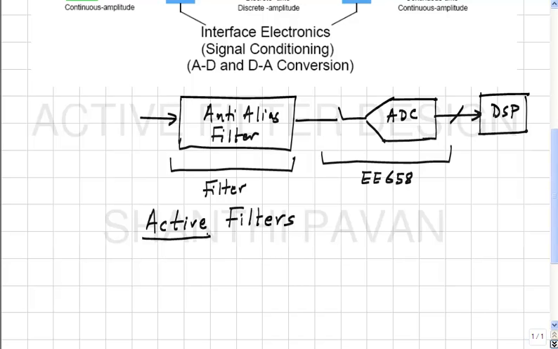Now, the reason why active filters are studied rather than passive filters, which itself is a vast area and a very exciting subject in its own right, is that in most electronic systems today, it so happens that the frequencies that we deal with are all in the several tens of kilohertz to several hundreds of megahertz range.